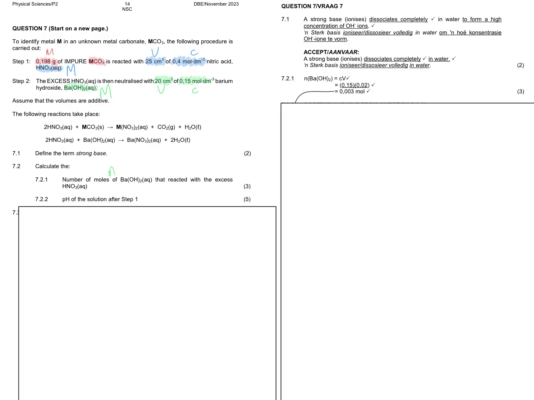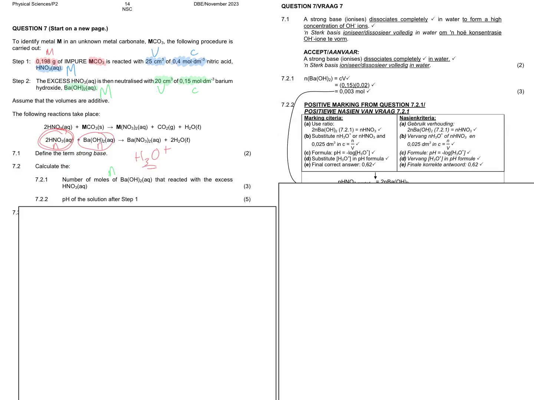And in order to work out the amount of HNO3 that was left over, the excess HNO3, you take the number that you worked out here, BaOH2, and you use this ratio. So you have the number of moles of this, so then you can work out the number of moles of that. And with the number of moles of HNO3, you can work out the number of moles of H3O+, which then means you can work out the concentration of this, which means you can work out the pH. That's why it's 5 marks.